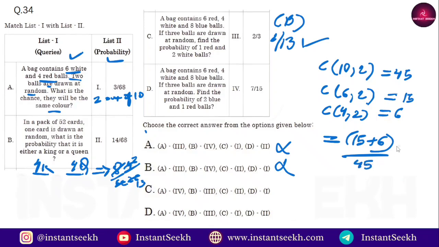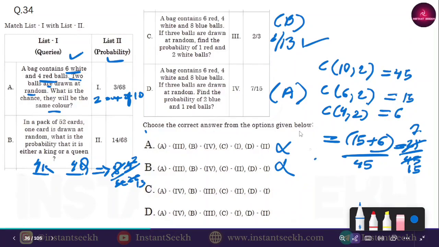So that is 21 by 45, and if you simplify, 3 sevens are 21, 3 fifteens are 45, so it is 7 by 15. So option A is 7 by 15. This goes for option A. Let's check: option A is 4. Yes, in both the patterns option A is 4.